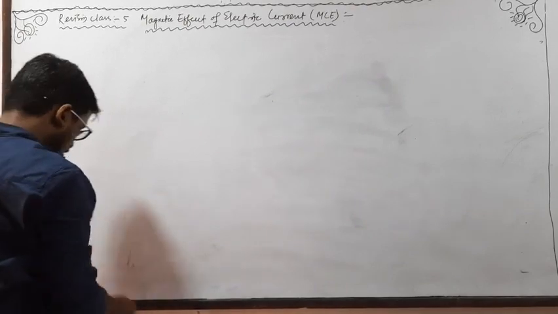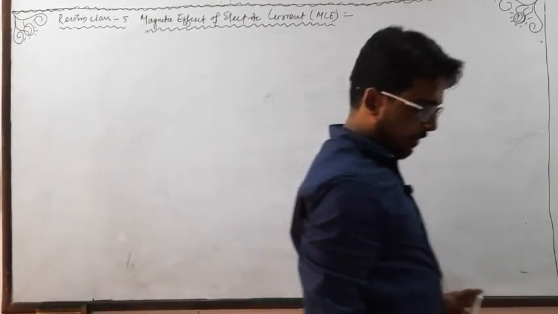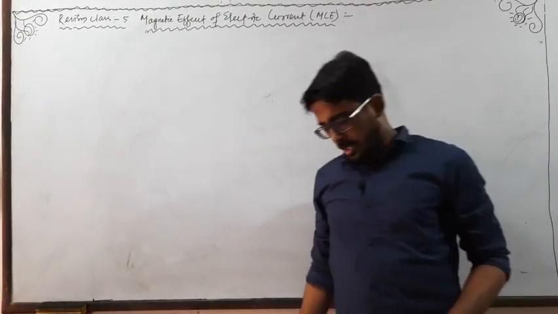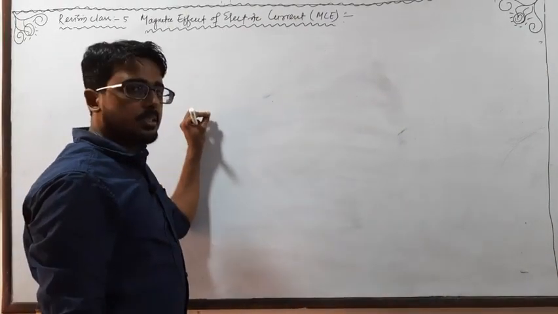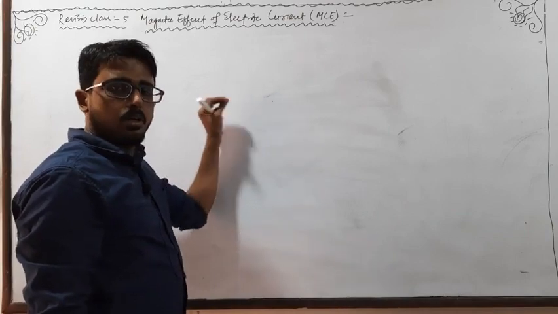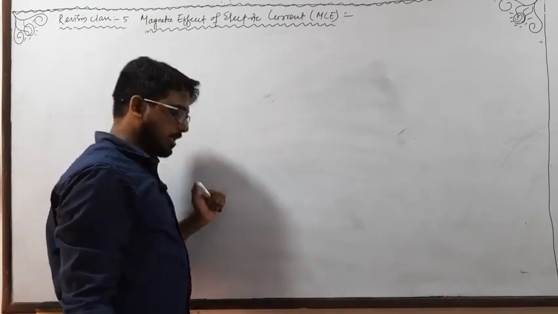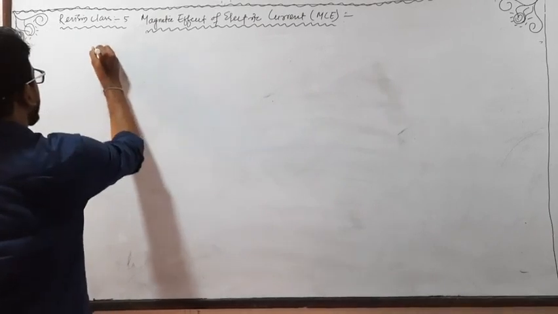Next, we will study what is Ampere's circuital law. According to Biot-Savart's law, we are able to find the magnetic field strength due to a current carrying conductor or loop. Okay. So now what is Ampere's circuital law or Ampere's law?